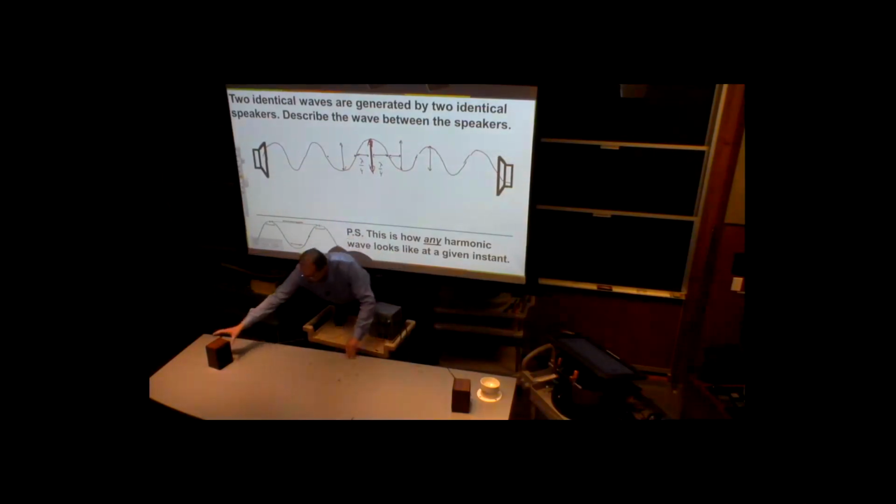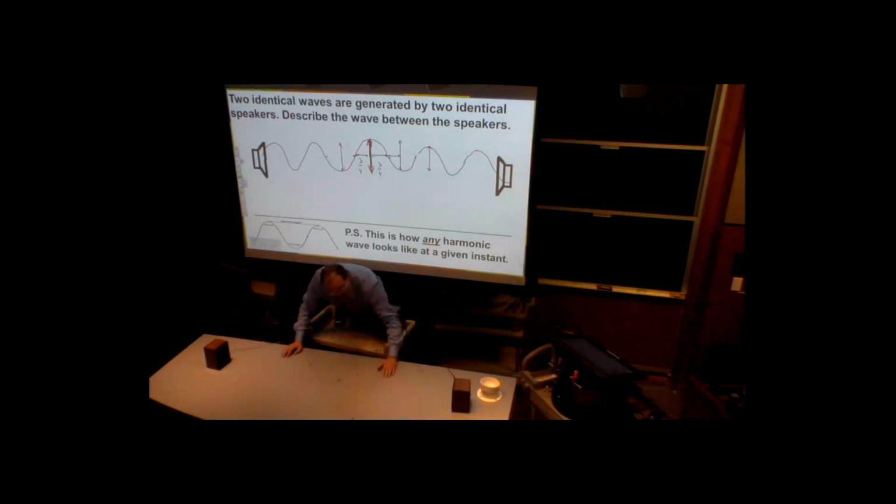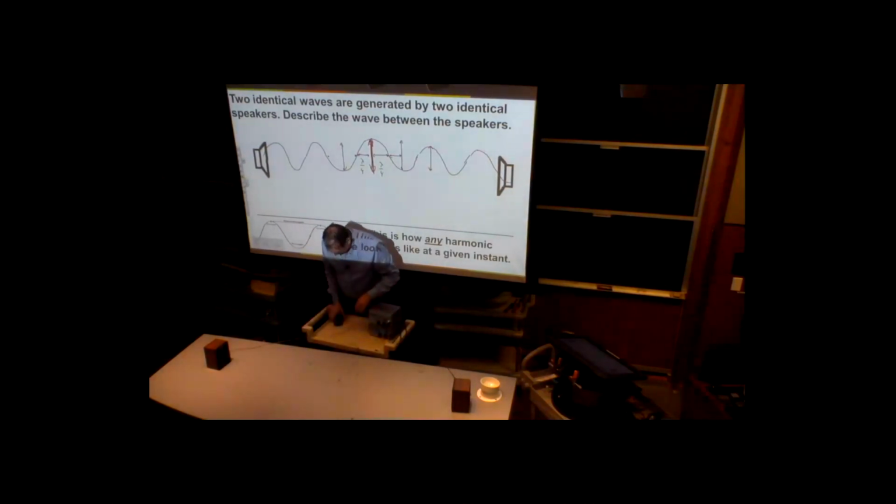So right here between these two speakers should be a maximum intensity. Yes, it's there.